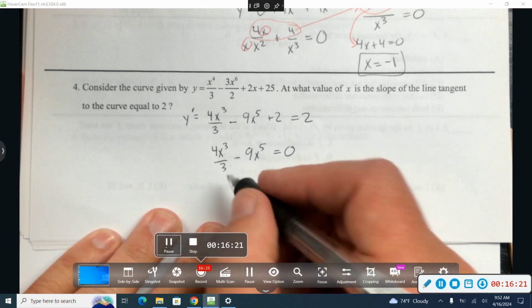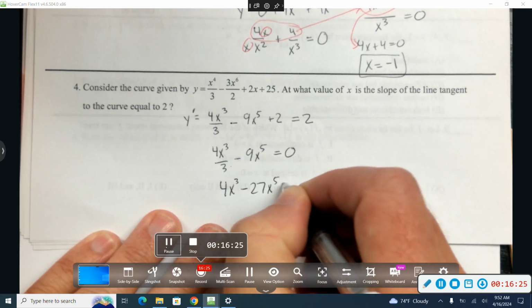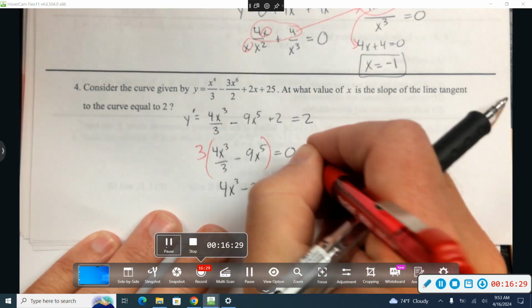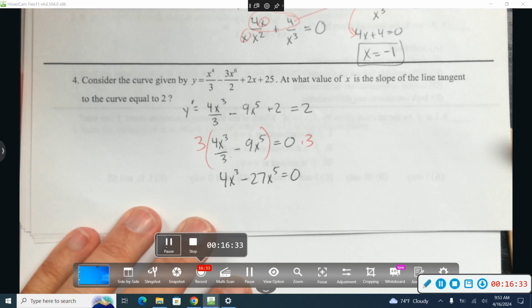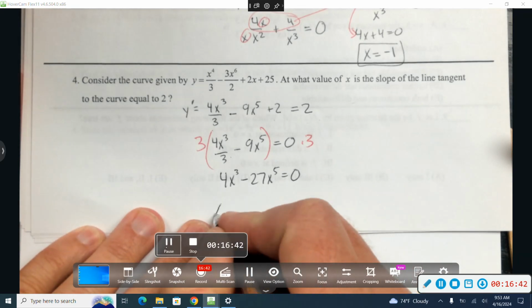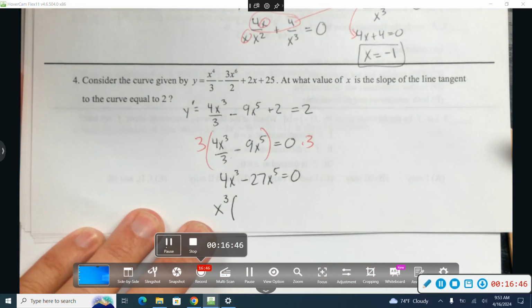That's what I would do first: 4x cubed minus 27x to the 5th equals 0. That way we don't have any more fractions to worry about. Next, what would you do next? Well, don't divide by it because then you'll lose it, but I would take out the x cubed.